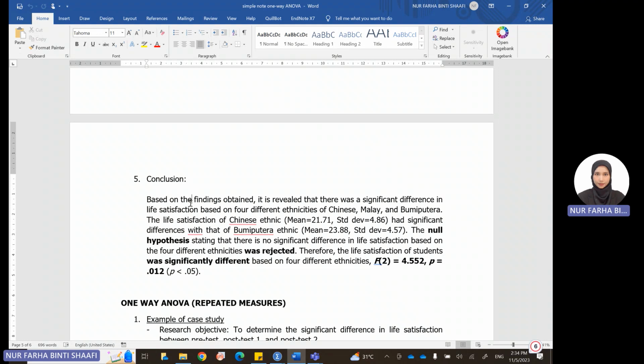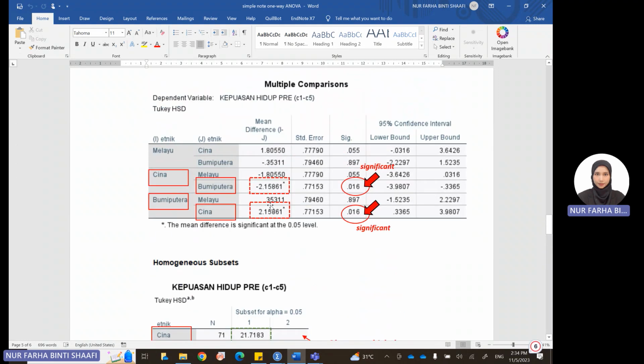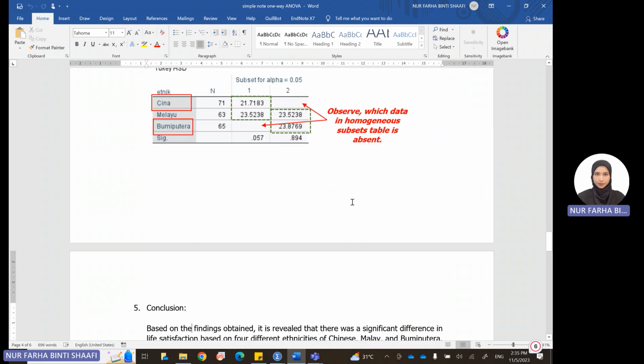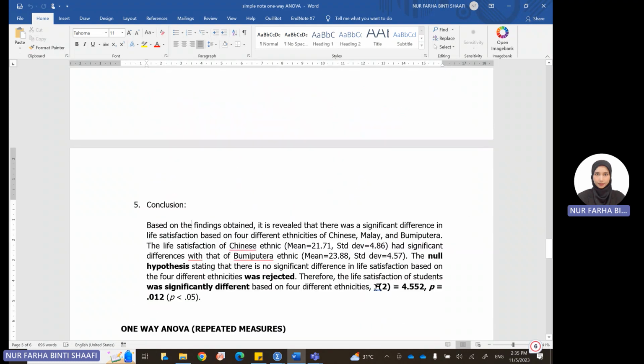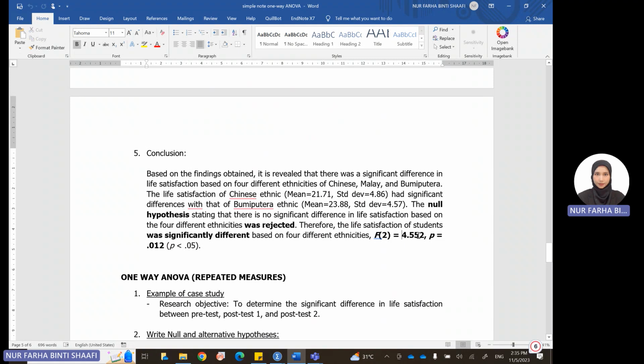Okay, just now you have said that there is a significant difference. Why? Because from the Anova table, you can see it is less than 0.05. Okay, this is your evidence. All right, so this is just the report. So you write F, this is the format, F in the bracket of 2, freedom. 2 here is the degree of freedom. Where can you get it? From the table. Equals 4.552.